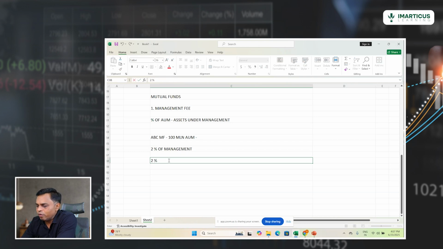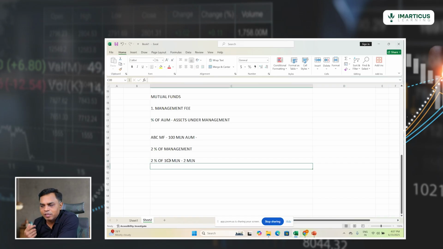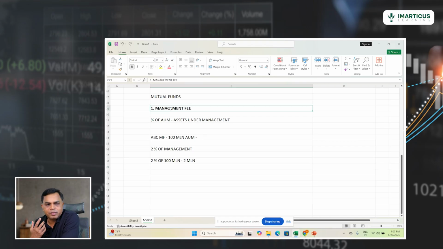So 2% of 100 million is $2 million. So the fund charges 2 million as the management fees. This is how the mutual fund charges the management fees. To summarize, the mutual fund charges management fees, and the management fees is applied as a percentage of AUM or assets under management.